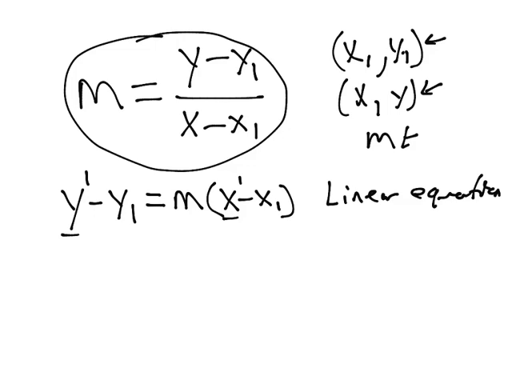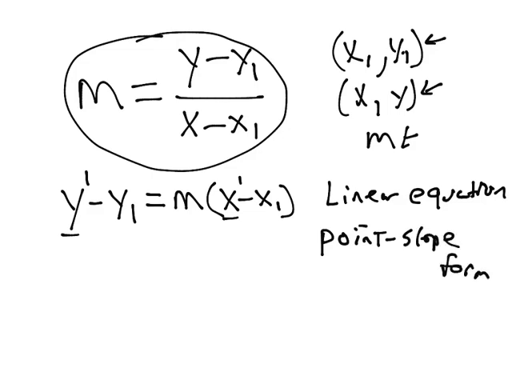So it's a linear equation. But instead of being in the definitional format, we call this the point slope format. It's in point slope form of the line.